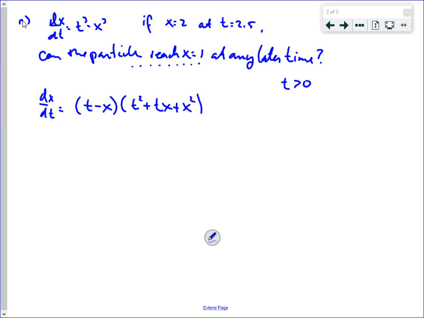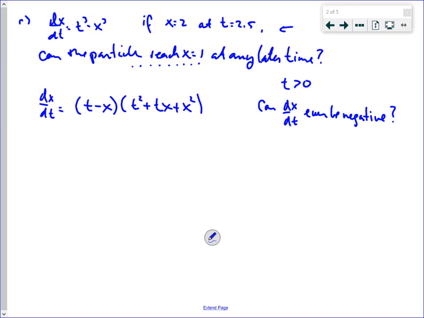So the question here, to restate the question, is can dx dt ever be negative, given that we started at this point x equals 2 and t equals 2.5?